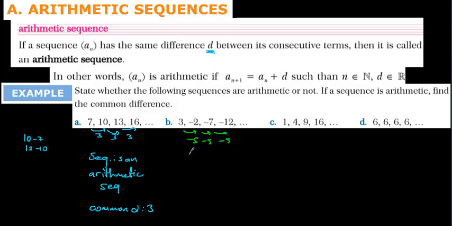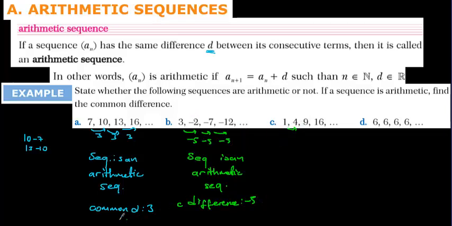So this sequence is an arithmetic sequence. The common difference is going to be minus 5, and this sequence is a decreasing sequence.